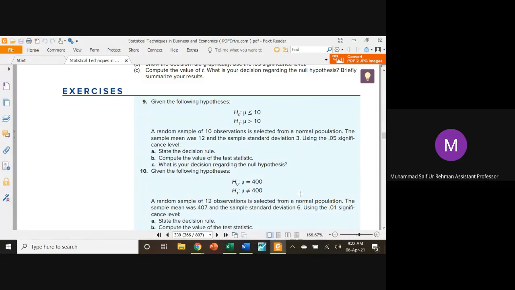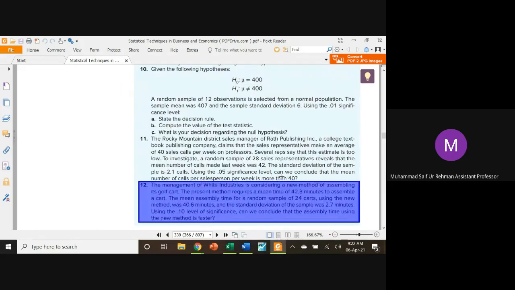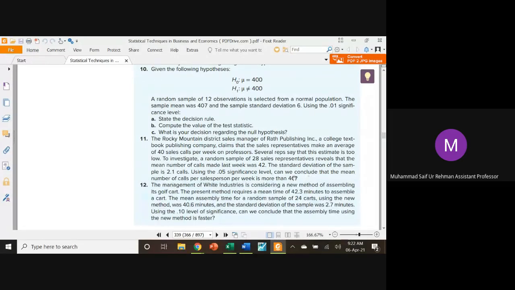So as I have already explained in case of Z distribution, if you see the word different or difference in the last statement, let's say I rephrase this statement as: can we conclude that the mean number of calls per salesperson per week is different from 40?